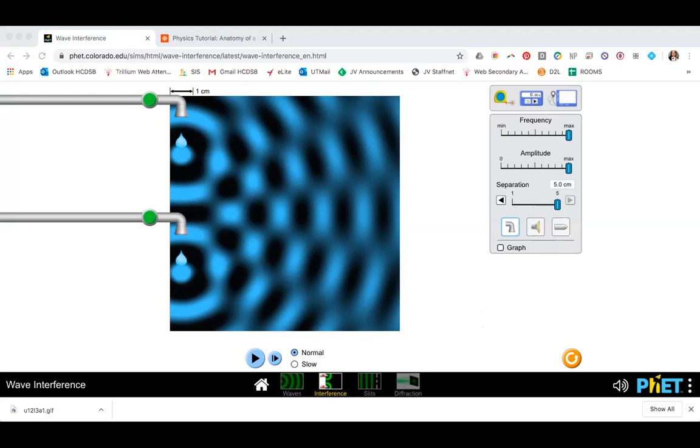So pause this video, make sure you draw out your little diagram, your formula. Whatever nodal line you're on, that's going to be your subscript for P, and it's a 2-point source pattern, so it's going to be S1 and S2 all the time.